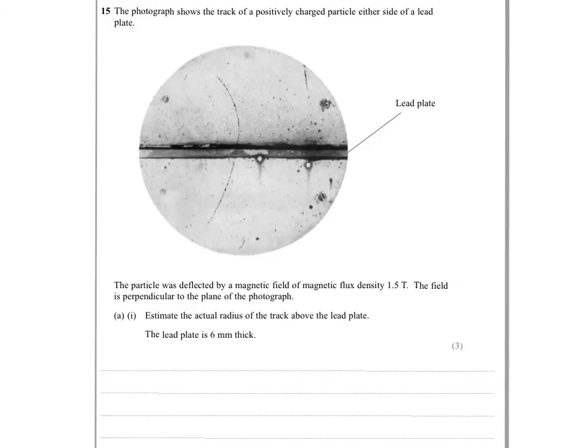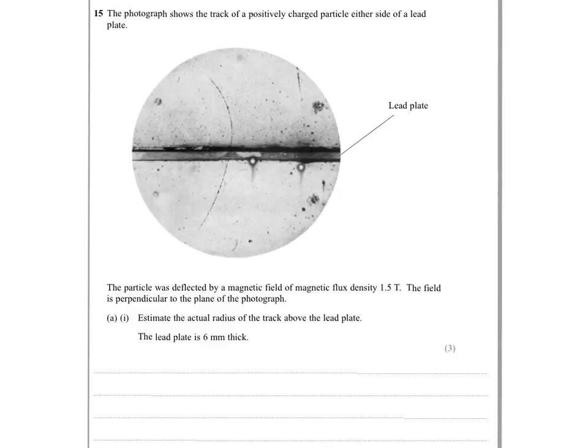This is an estimation thing, so this will be why the front of the paper says you need a ruler, because you have to use the details they give us about the lead plate being 6 millimeters thick to make an estimate of other distances on this diagram. So what you're going to do is try and put in a couple of tangents to this diagram.